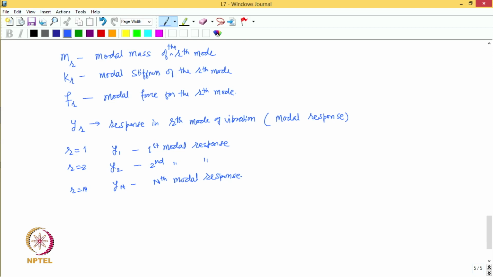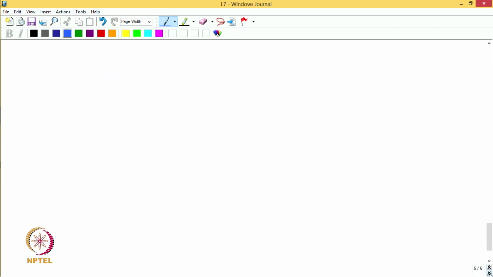So, based on this we now define what is called modal space. Modal space is the space spanned by the eigenvectors of the system, okay.